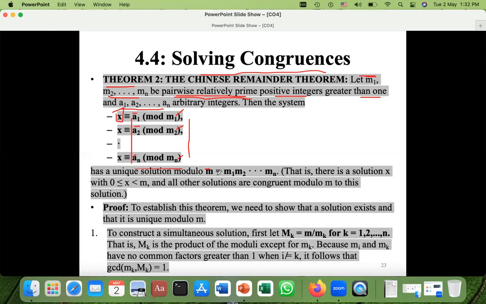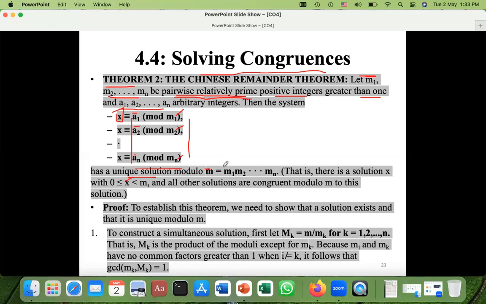This is basically your first step when you solve some problems or questions after this theorem. This problem will have a unique solution. That solution is X, but modulo M, and this modulo M you can calculate by multiplying all these moduli from M1 to Mn.